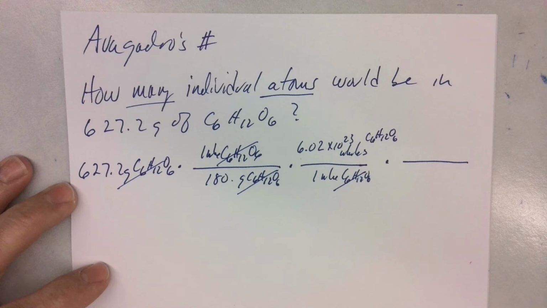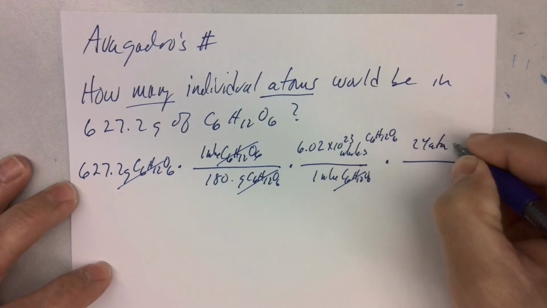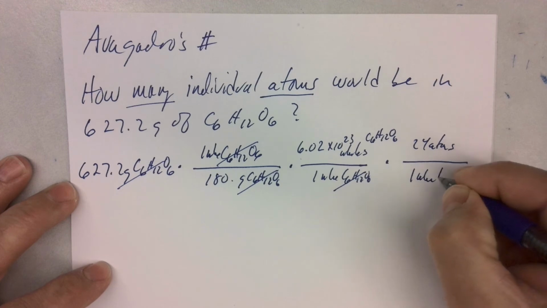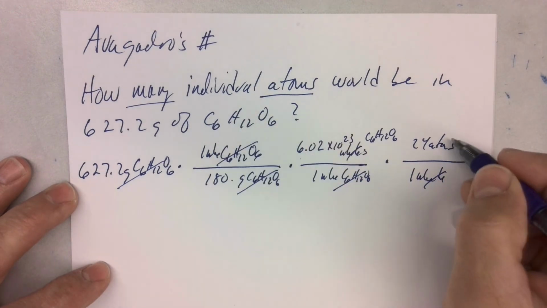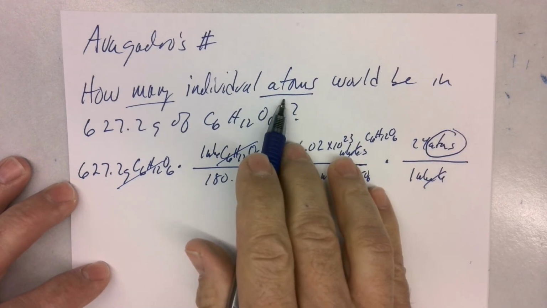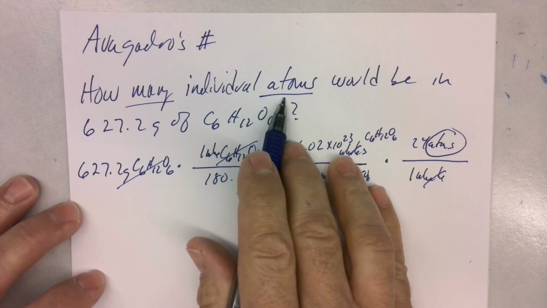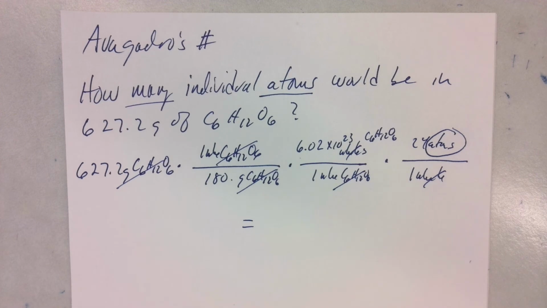Atoms. Well, what is my ratio of atoms to molecules here? 24 to 1. Yeah, there are 24 atoms in every 1 molecule, right? Molecules go away. If I do that math, I'm going to end up in atoms, which is what the question asked me to find, don't I? Do the math. Everybody, so we kind of refresh using our calculator, okay?